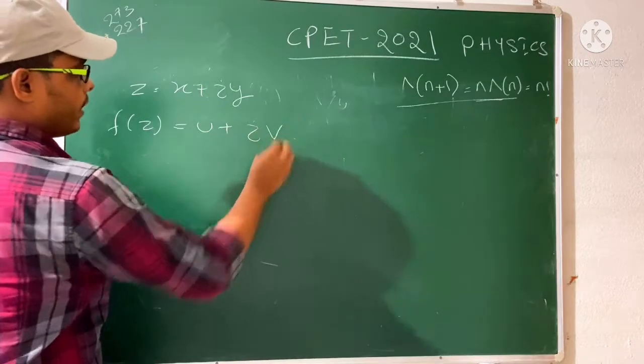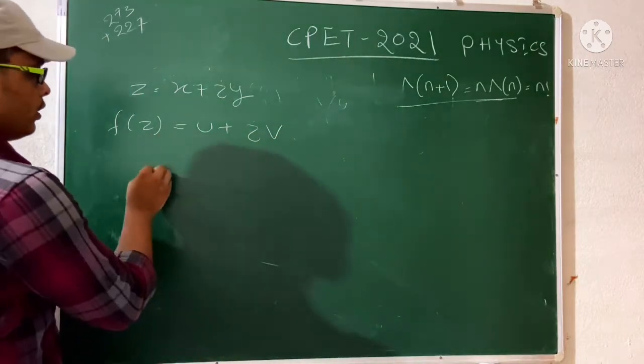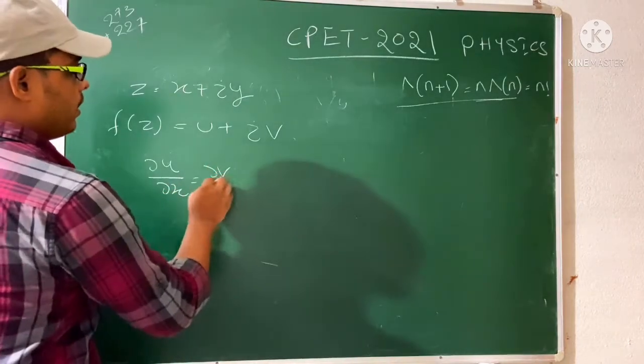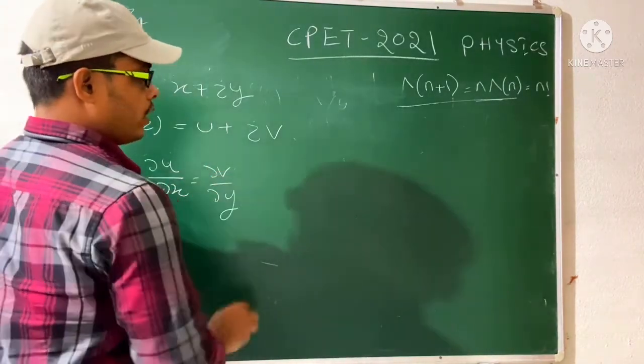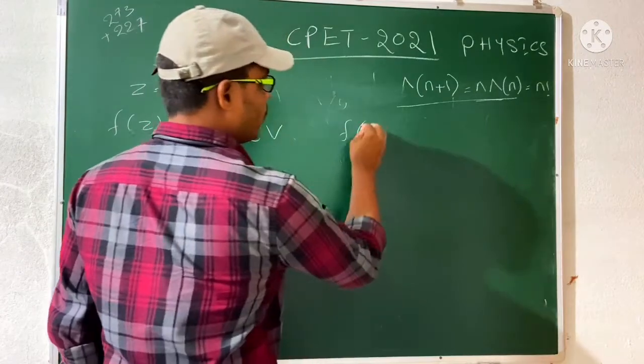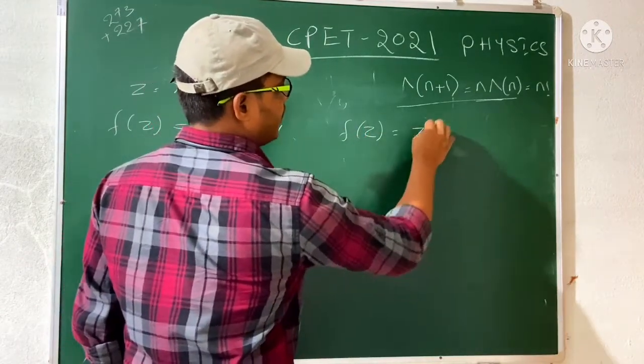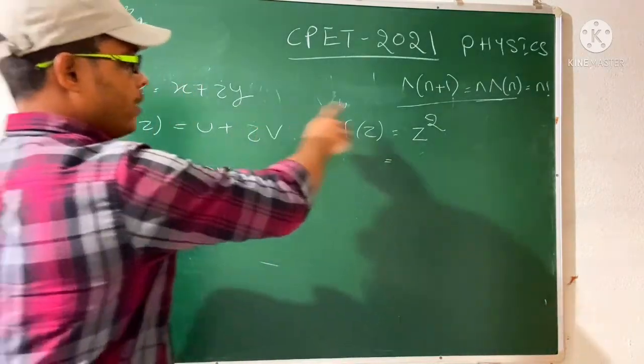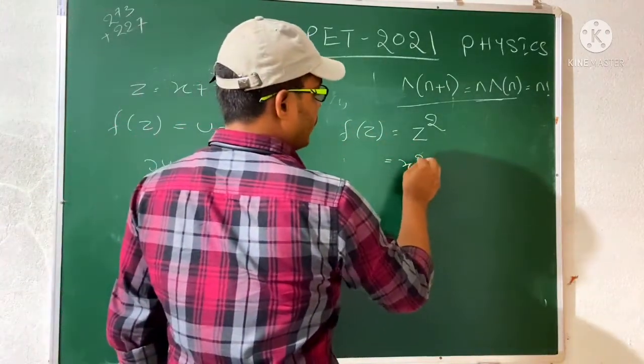Then f is analytic if del u by del x equals del v by del y. Here z is x plus iy, so z square is x square.